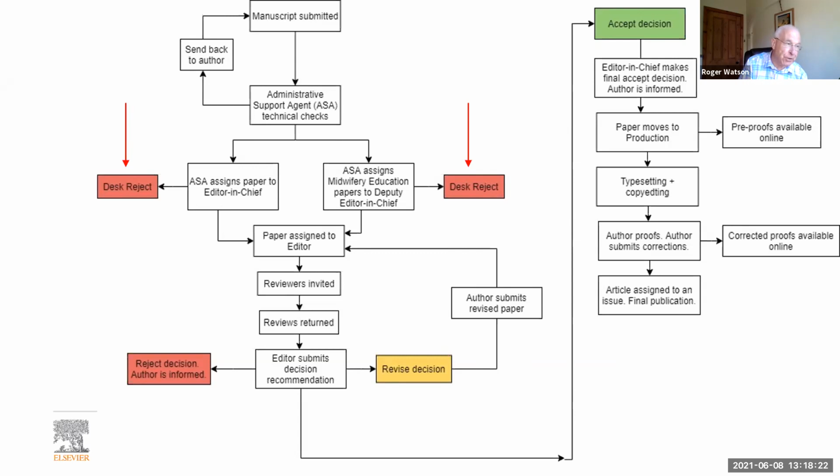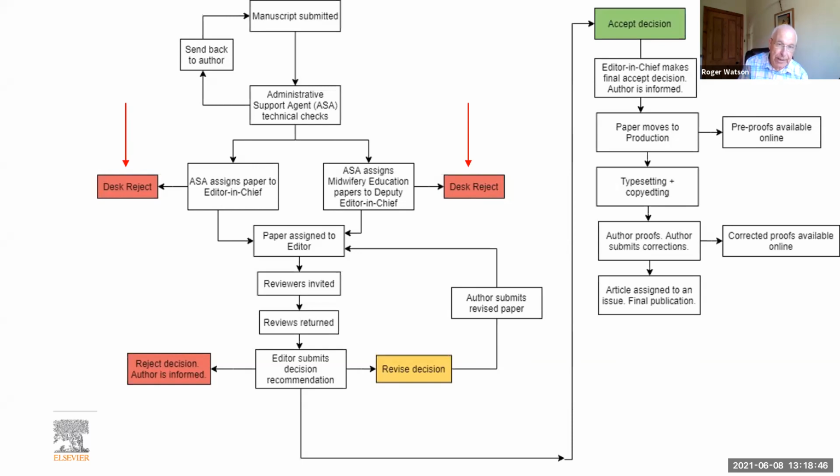So my present journal, for example, is an education journal. So we don't take purely clinical papers. So if it's outside of the scope of the journal, then we will send it back. Otherwise, we're looking for articles that are interesting, original, well written, and which fit the scope of the journal.